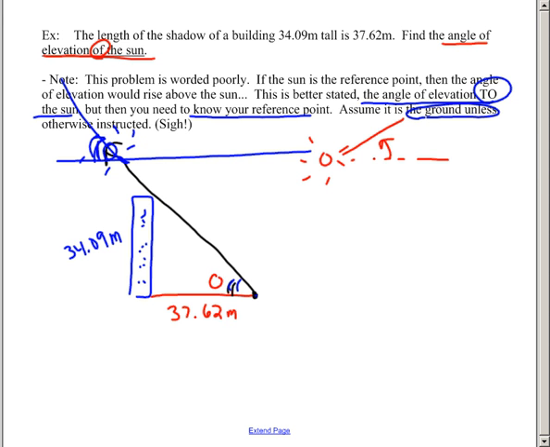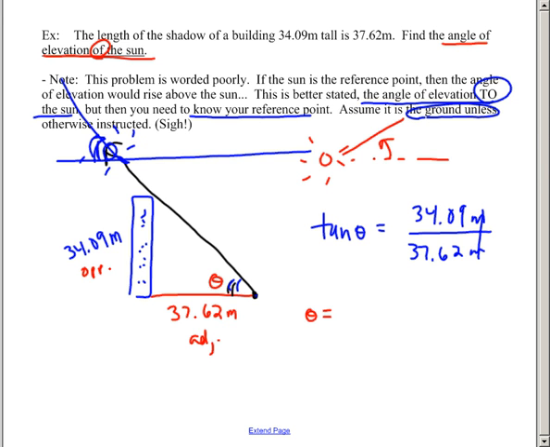We're looking for this angle theta. We have opposite of angle theta, and we have adjacent to angle theta. So I would set this up as tangent of my theta is the opposite over the adjacent. Notice our meters cancel. And now if I want theta, I hope you remember from last lesson, I would need to take the inverse of these two.